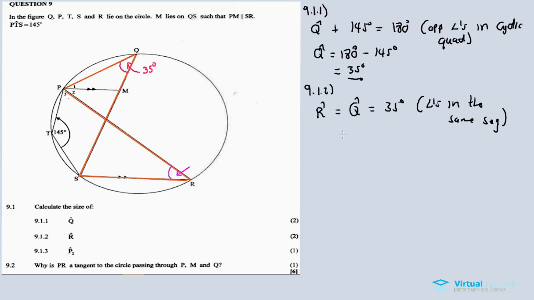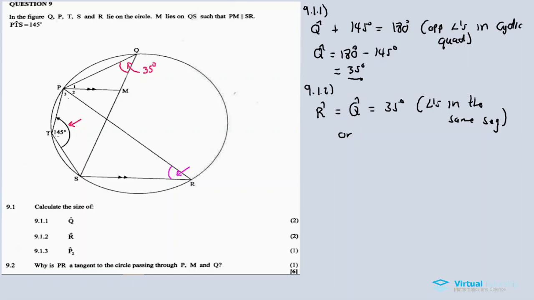Or another approach: instead of looking at the bow tie, we can just consider this angle and see if there is a relationship between the 145 degrees and angle R. Yes, there is a relationship.